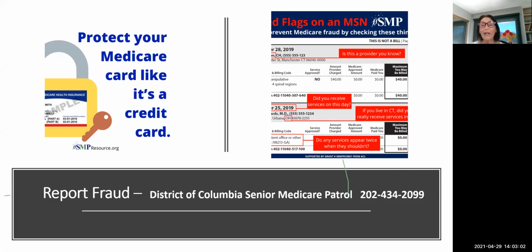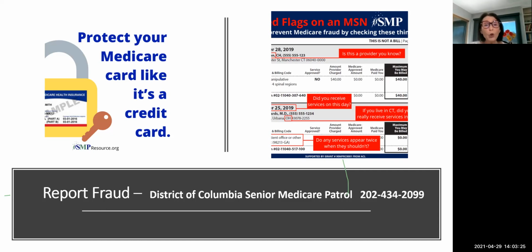Okay, this is a recap, you guys. This is just about basically everything that I already talked about in a nutshell. So it's up to you to protect your medical identity and your privacy and confidentiality. One way to do that is protecting your Medicare and Medicaid information.